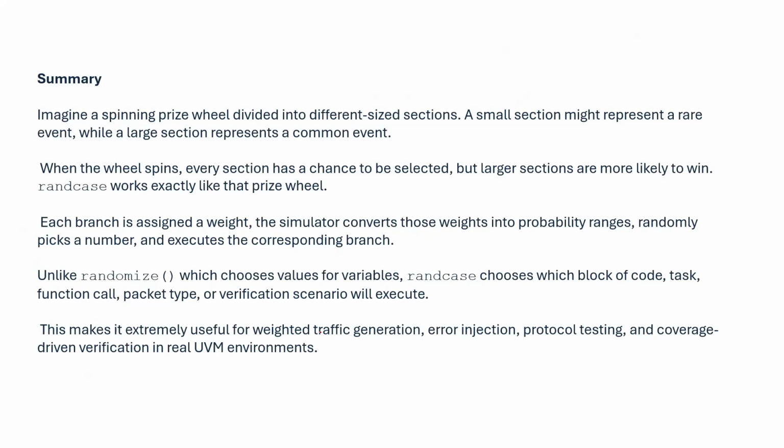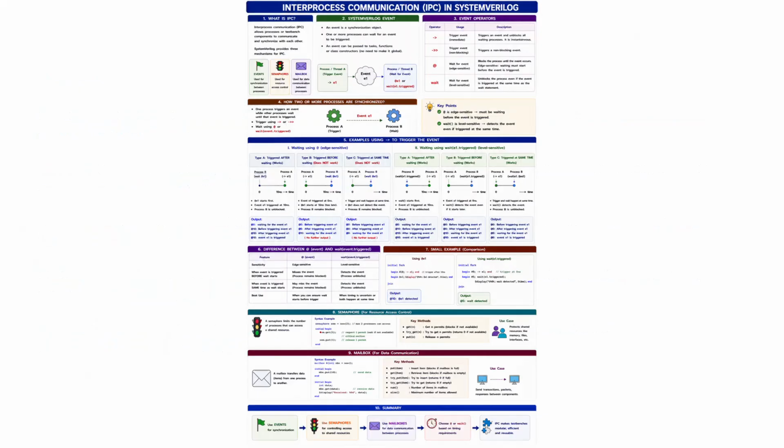Suppose 2 is repeating 9 times, out of 15 numbers. 2 is randomly repeating 9 times, and then 1 is repeating 3 times, 0 is repeating 2 times, and 3 is repeating 1 time. Then who is getting more chance? 2, right? Rand case works exactly the same way.